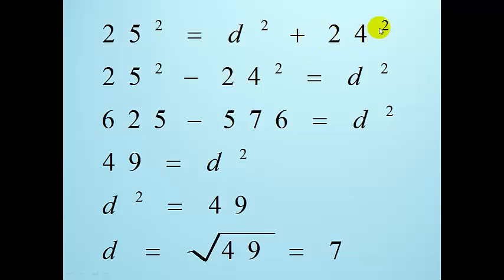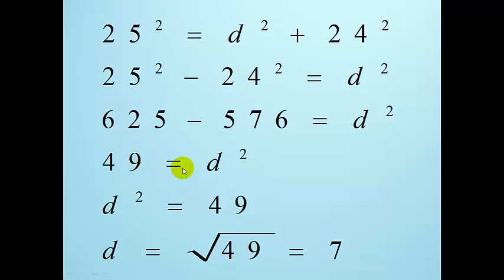So plus 24 square on the right hand side becomes minus 24 square on the left hand side. 25 square is equal to 625, minus 24 square is equal to 576, and this is equal to D square. Now 625 minus 576 is equal to 49.